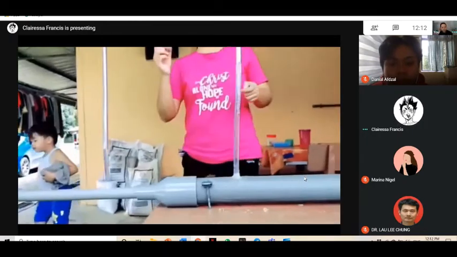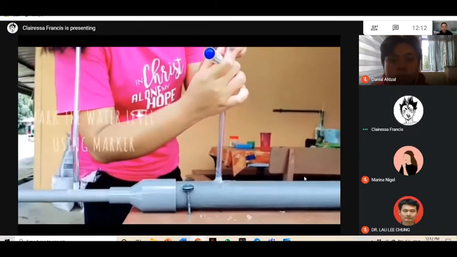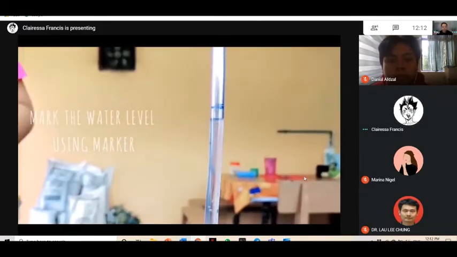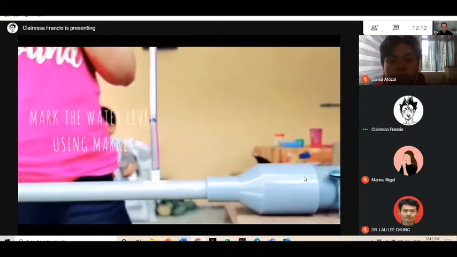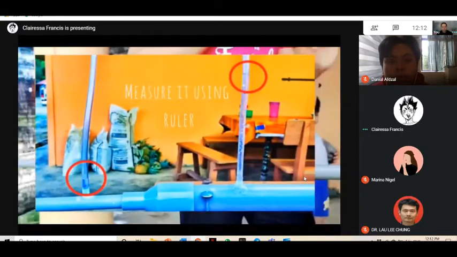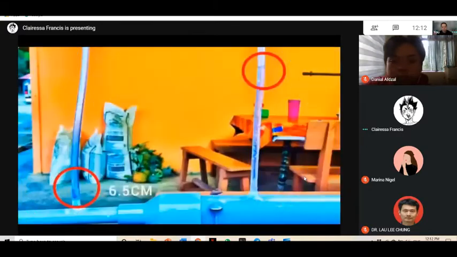Then, mark the water level on the tank. Then measure the water level using a ruler.